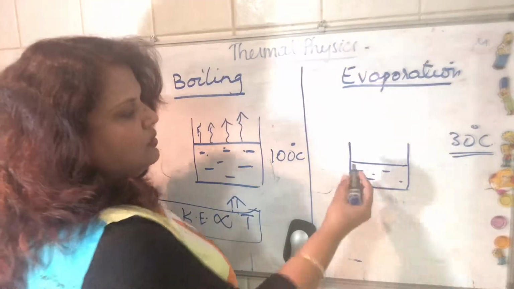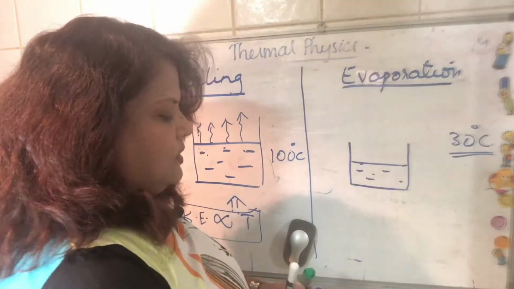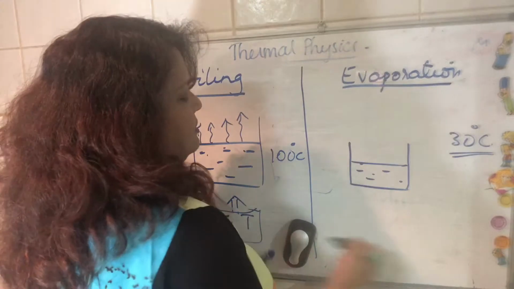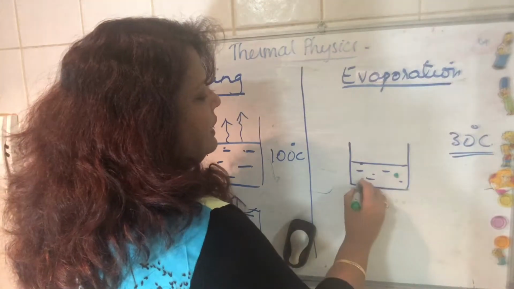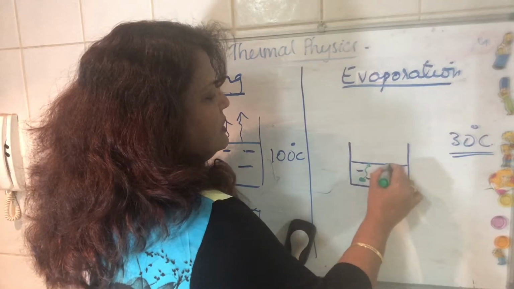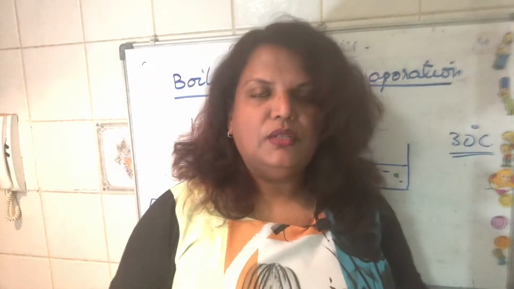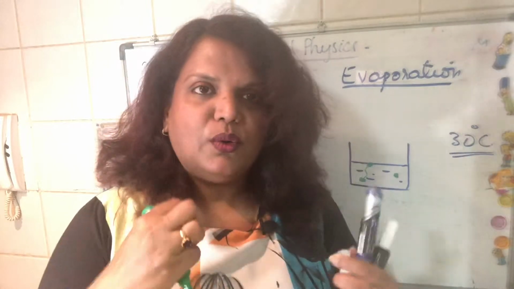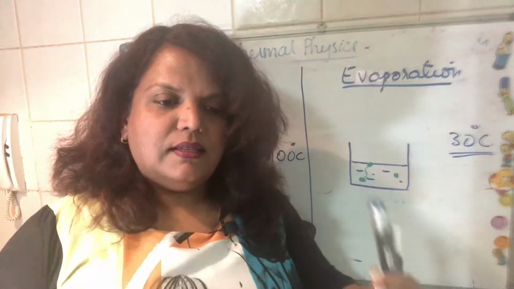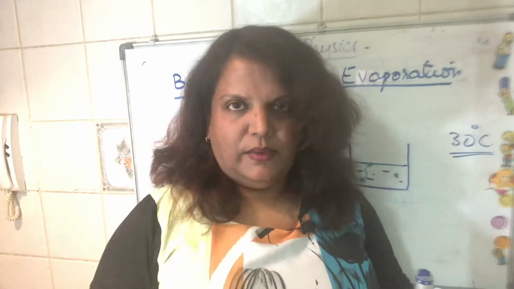So a few of the molecules, when they reach the surface of the liquid, so imagine there are two molecules which have greater energy than the rest, and when they come to the surface they possess enough energy to escape into the atmosphere. I say escape, yes. Why do I say that? Because what is holding the molecules inside? There is a molecular force of attraction between the molecules inside the liquid, right?